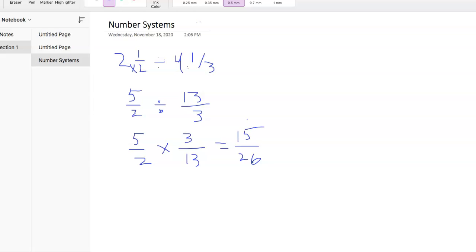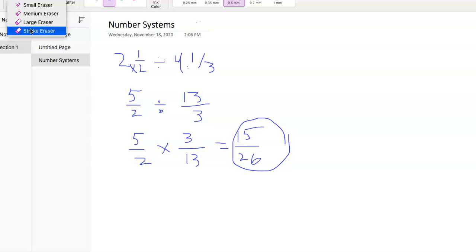There we go. We can't reduce that anymore, and that will be our final answer: 15 over 26. So you can see a question like that. That's just how to divide fractions, mostly taking us back a few years. Remember how to do it.